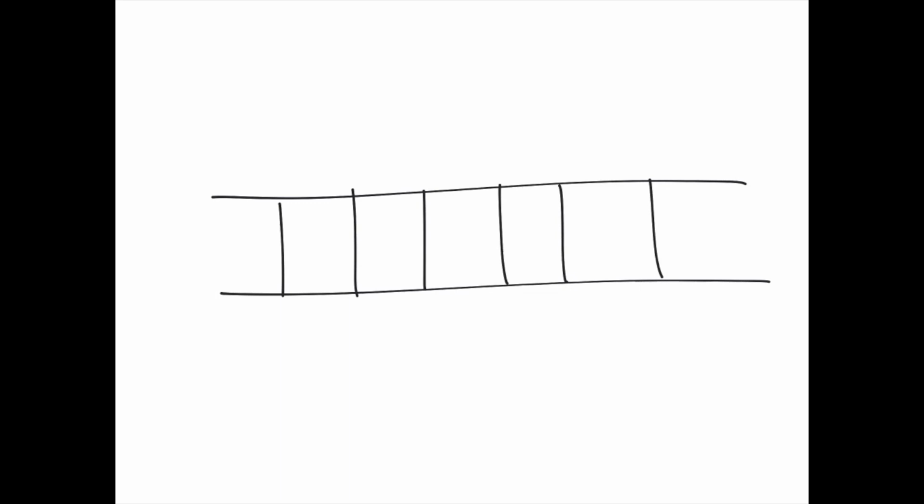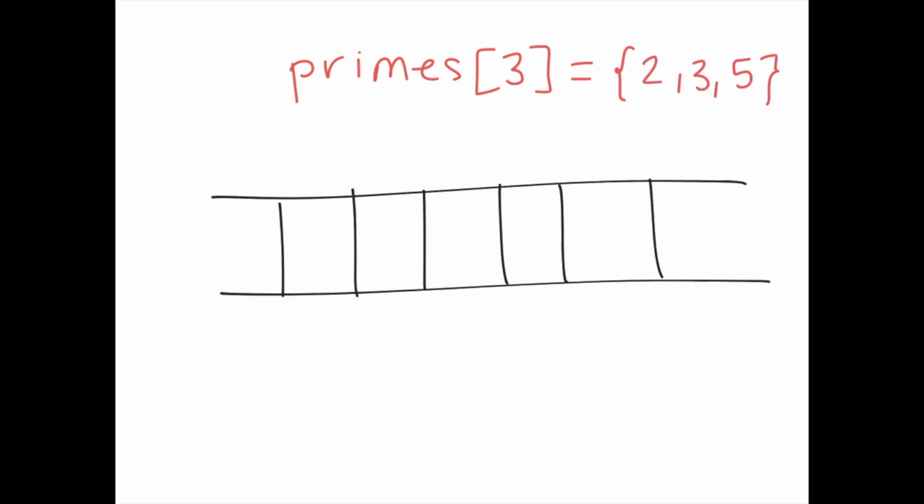Let's suppose we have an array which we're going to call primes. Primes is going to be 3 long, and it's going to have the first 3 primes in it: 2, 3, and 5, like that. So this data has to be placed into the memory, right? Let's place it here: 2, 3, and 5.